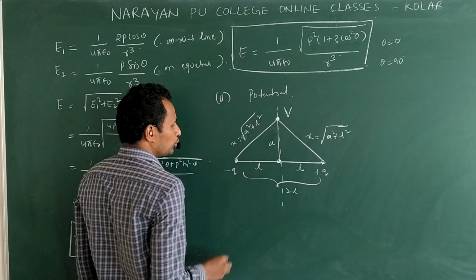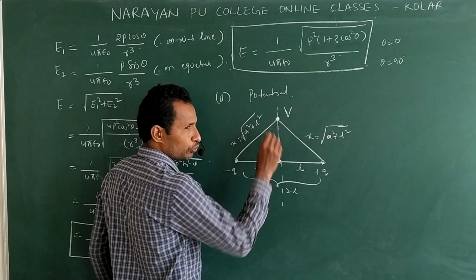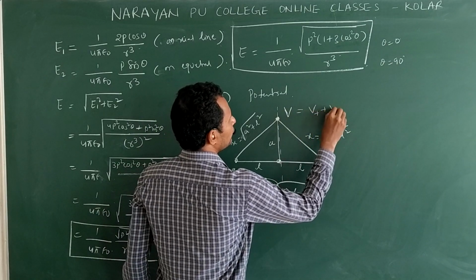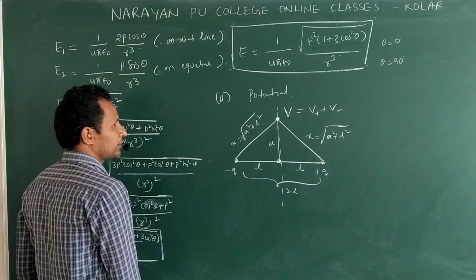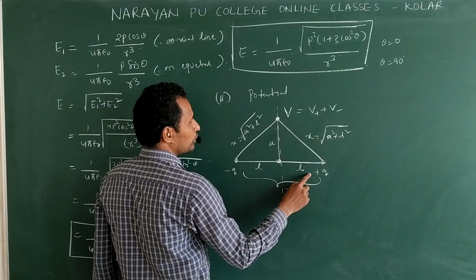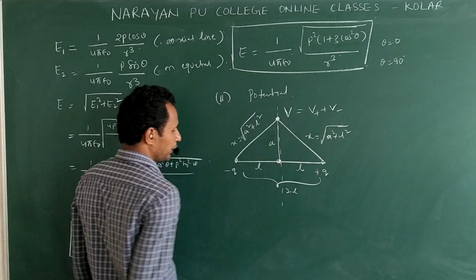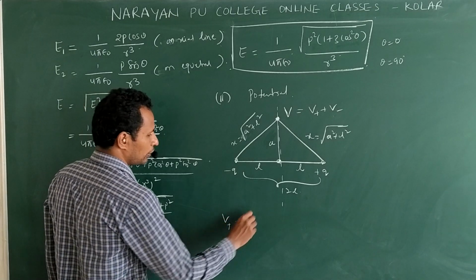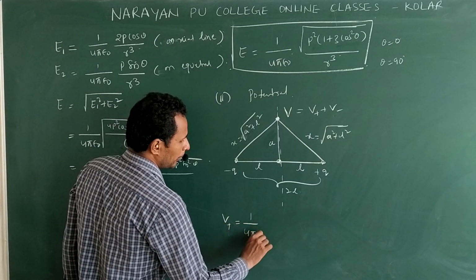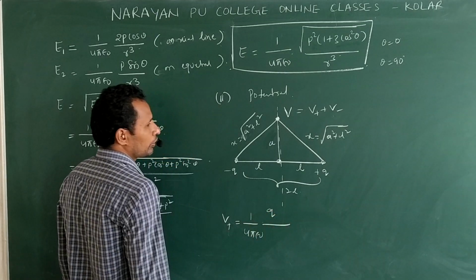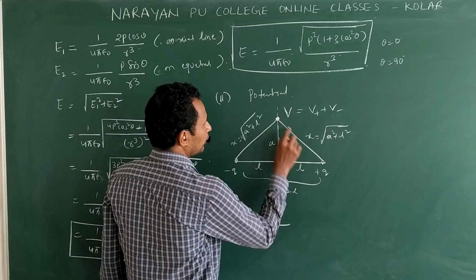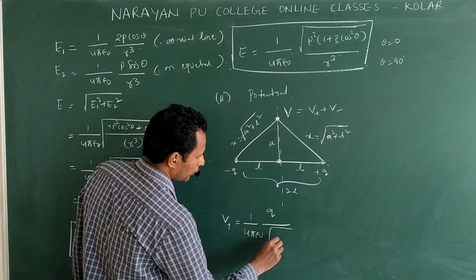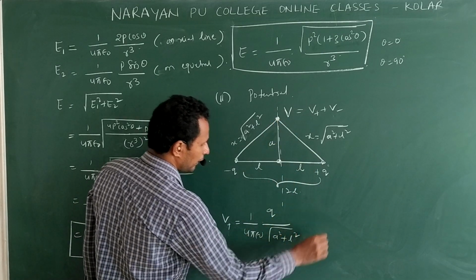So here two charges are there, and on the equatorial line two potentials are possible, so I can write V plus and V minus. V plus is potential due to the positive charge, V minus is potential due to the negative charge. First I take V plus: 1 by 4 pi epsilon naught q by the distance between the point and the charge, that is under root of a square plus L square.